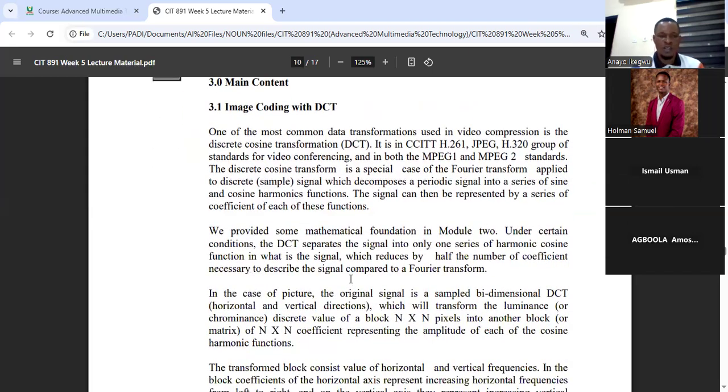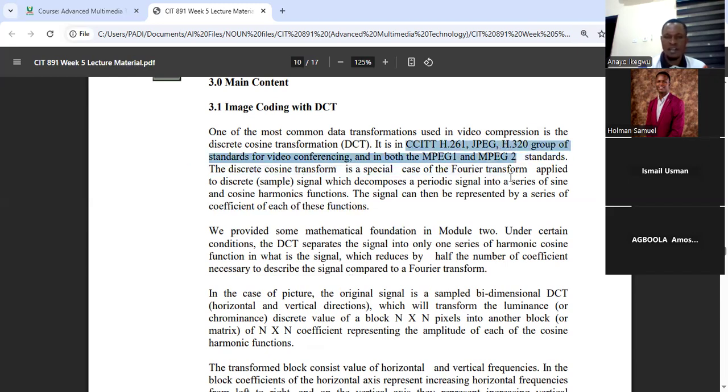So, in image coding, here we are looking at the common data transformation used in video compression, the discrete cosine transformation. And we look at some of the versions of that transformation.